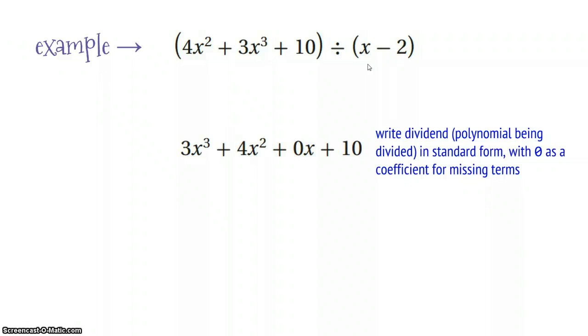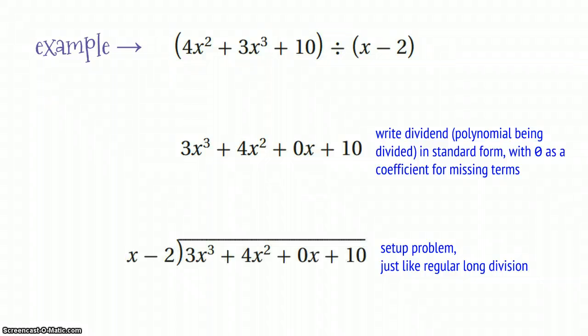So we have to slip in a 0x because there's no x term here, right? And then, of course, we rearrange the x to the third and x squared so it's in standard form, counting down in the degrees. Then set up the problem just like regular long division. 3x to the third plus 4x squared plus 0x plus 10 is under that division symbol, and then x minus 2 is on the outside.